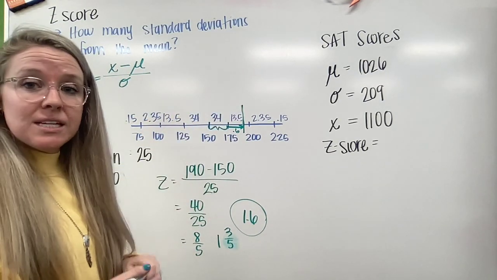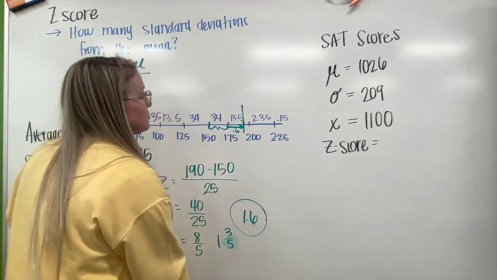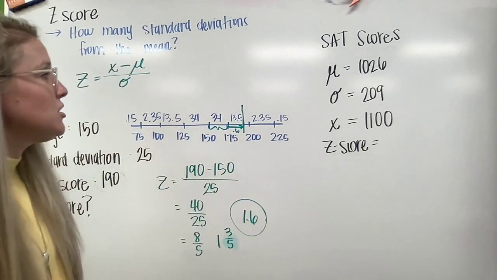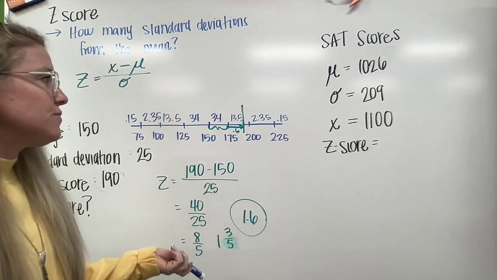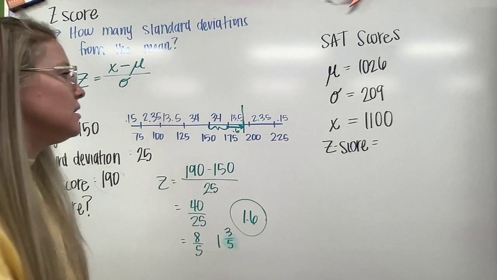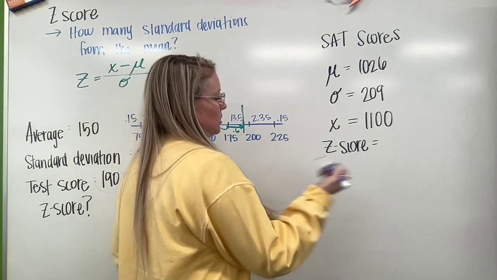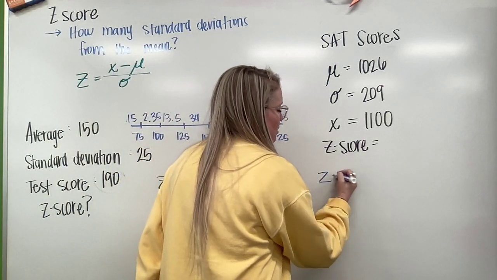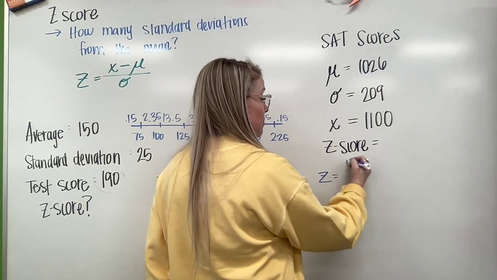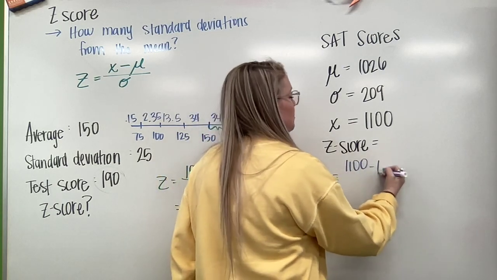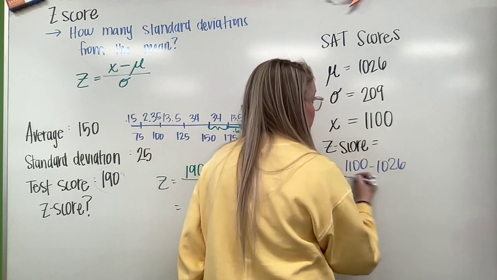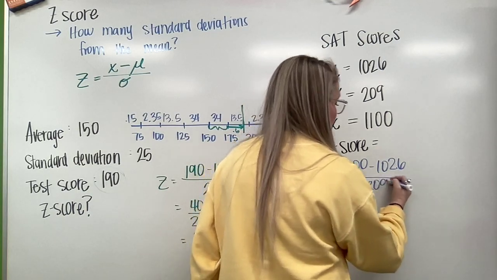Okay, so we got another example here with the SAT scores. So the average is 1026, standard deviation of 209, and then a score of 1100. So my z-score, I'm just going to take my data point minus the 1026 and divide that by 209.